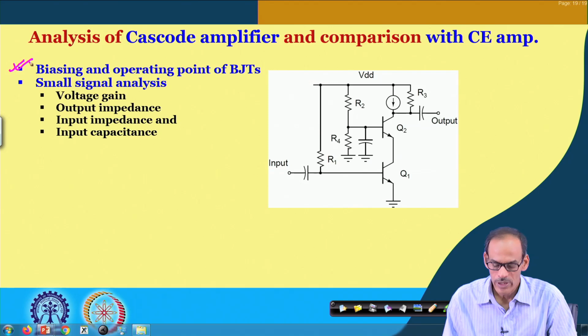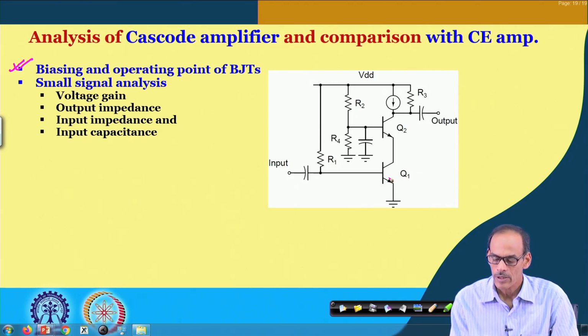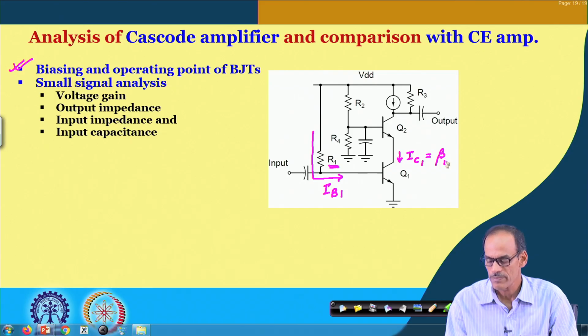What we need to do here is that the value of R1 should be set such that the IB of transistor 1 is properly set, which produces its corresponding collector current IC1, which is beta times this IB1, and that eventually gives us the emitter current IE of transistor 2, which is IC1.